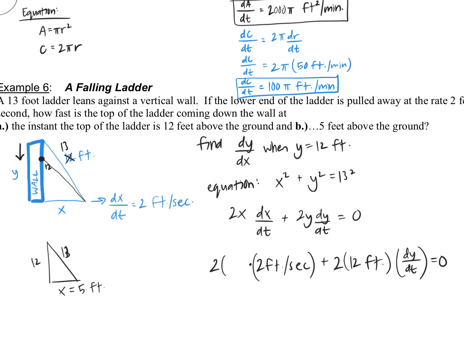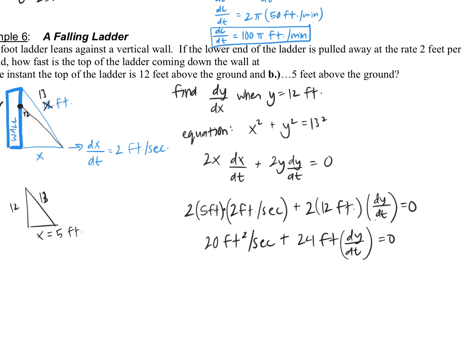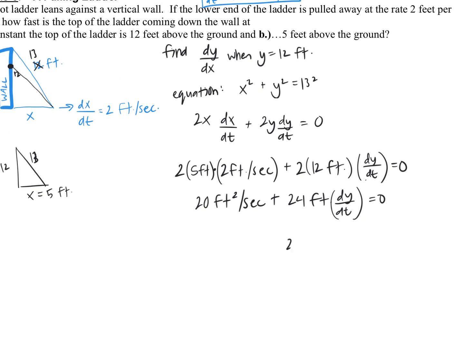So I've got 2 times 5 feet. If I simplify this, I'm going to end up with 2 times 5 times 2, which would be 20 feet squared per second, plus 24 feet times my dy/dt. And I want to get the dy/dt by itself, so I'm going to subtract that 20 feet squared.